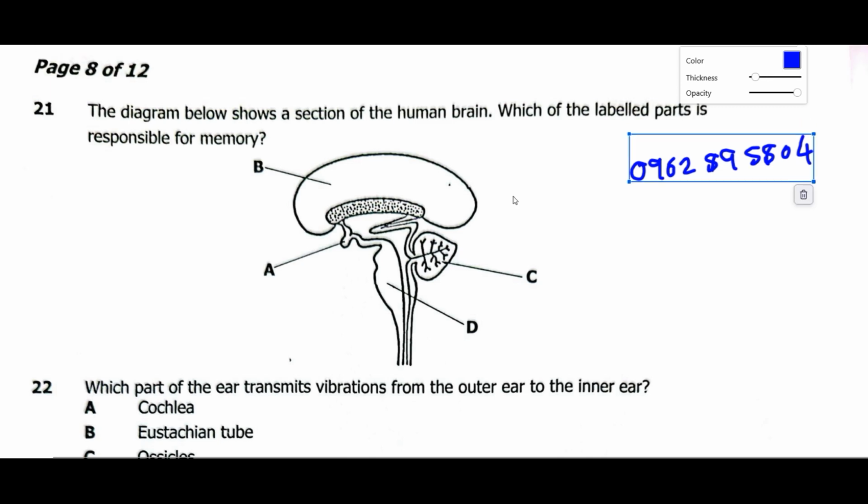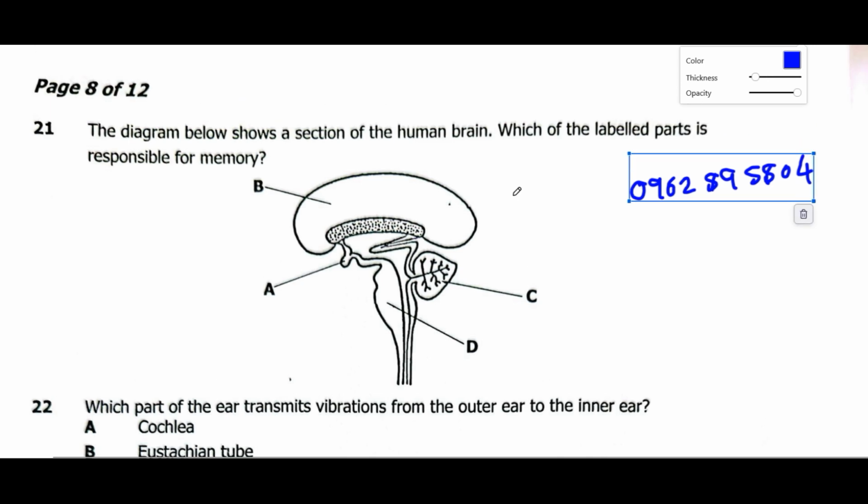So let's look at question 21. The diagram below shows a section of the human brain. Which of the labeled parts is responsible for memory? Memory has to do with the cerebrum. Don't confuse cerebrum with cerebellum. Cerebellum has to do with activities that involve balance, like dancing and playing musical instruments.